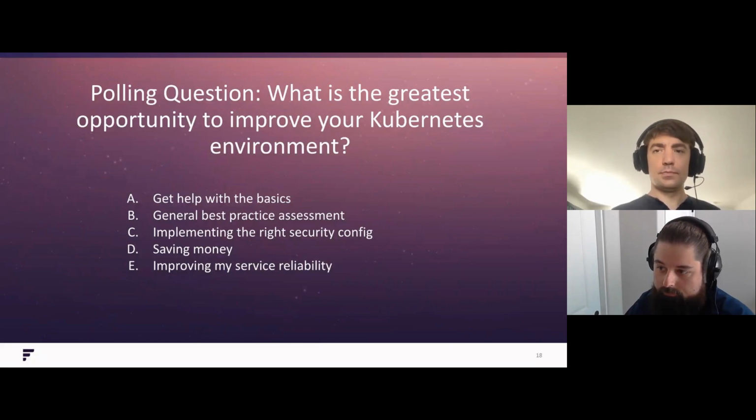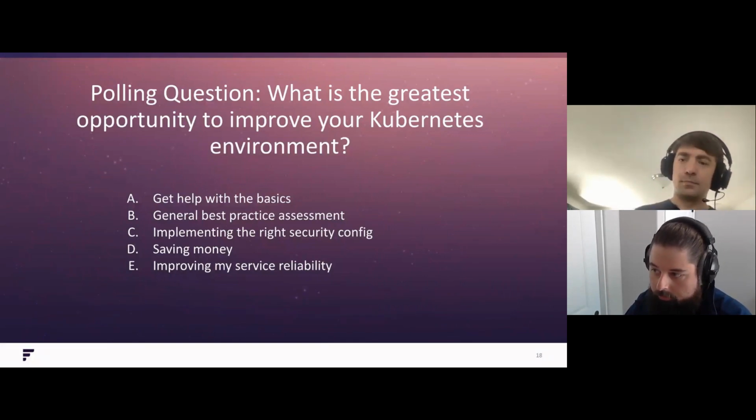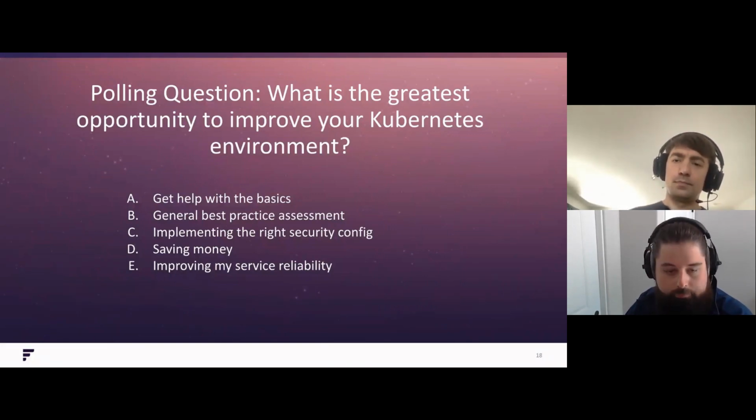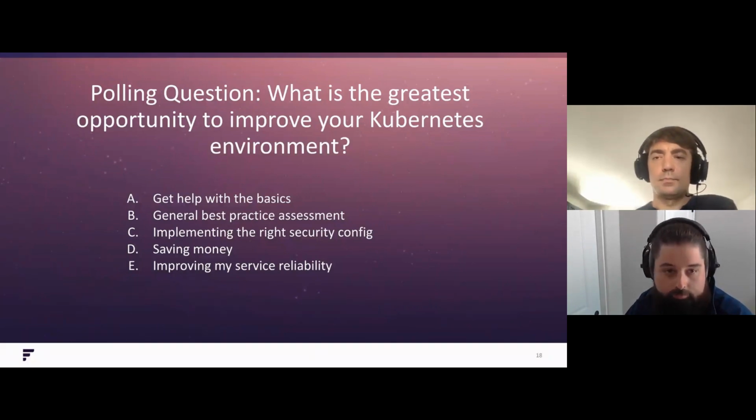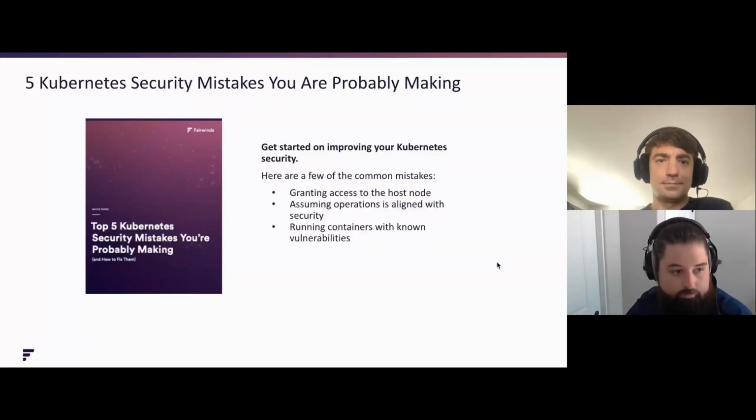All right, so it looks like get help with the basics, 17%, general best practice assessment, 27%, implementing the right security config, 30%, saving money is only 7%, and improving service reliability is at 20%. So I'm going to throw it on back to you, Robert and Andy, and let you talk that through.